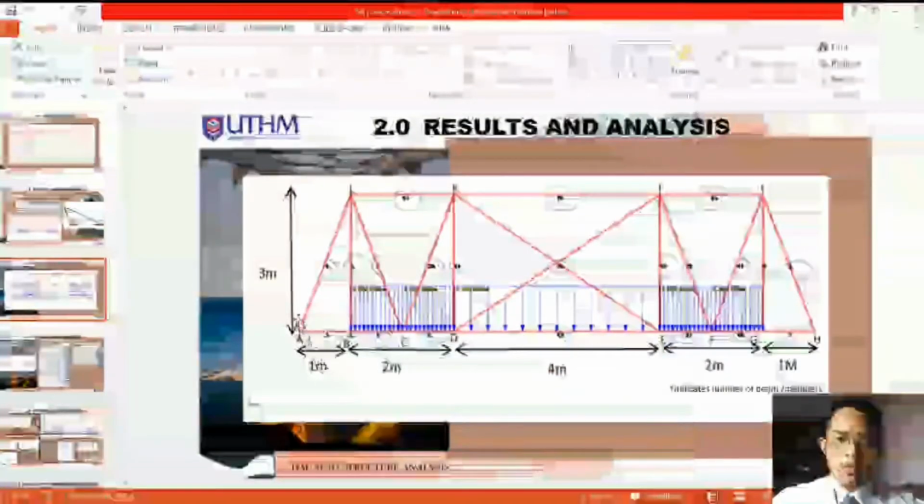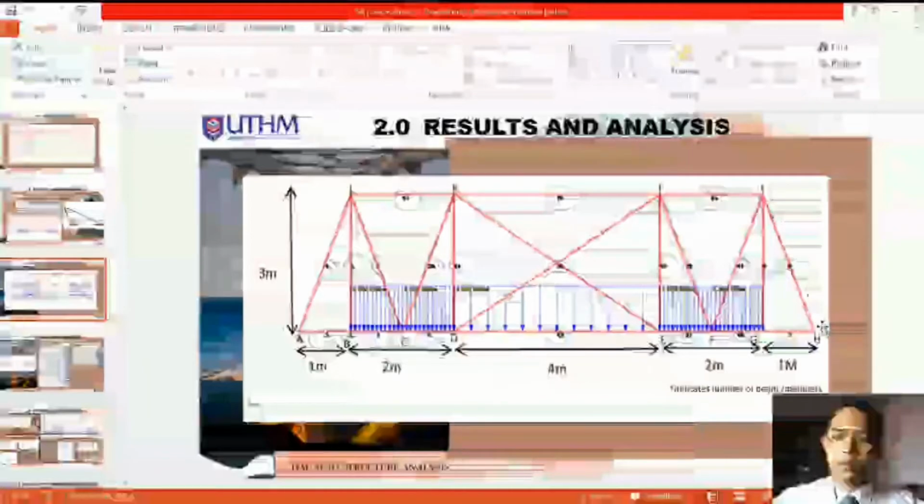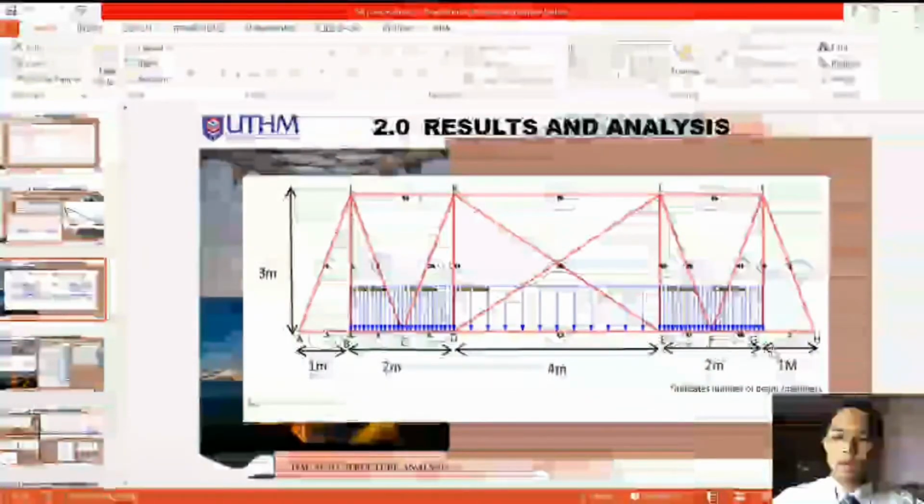This is the value of the forces, the number of the beams, and also the distance between the beams.